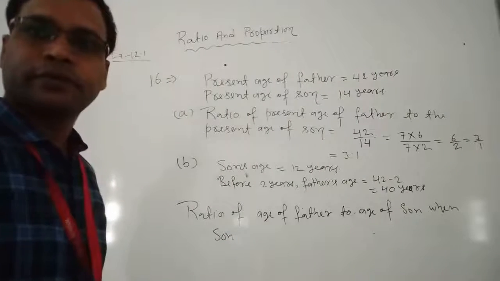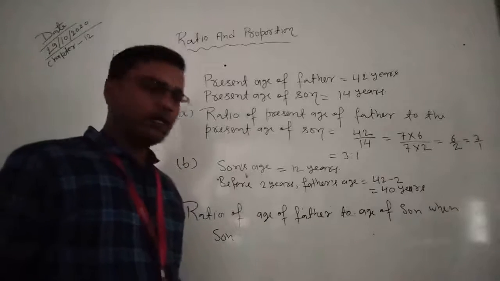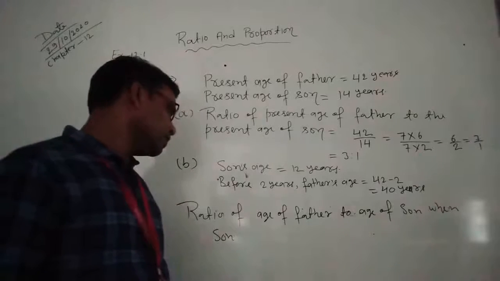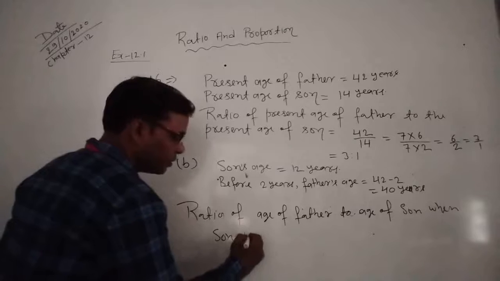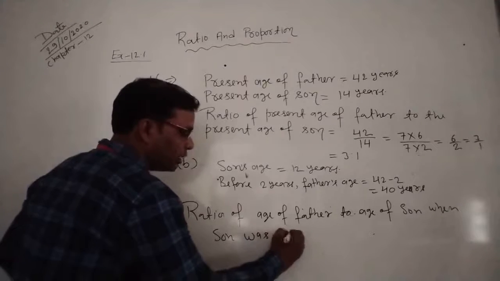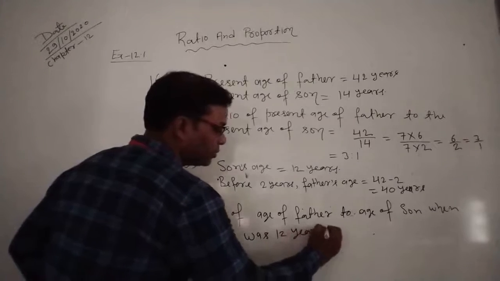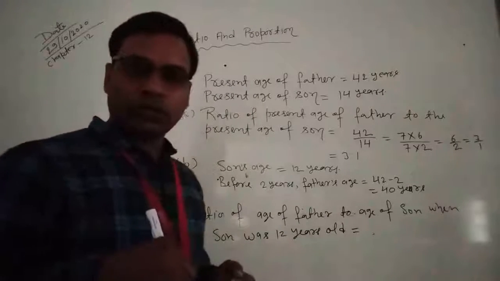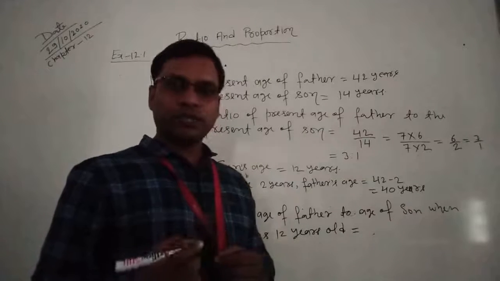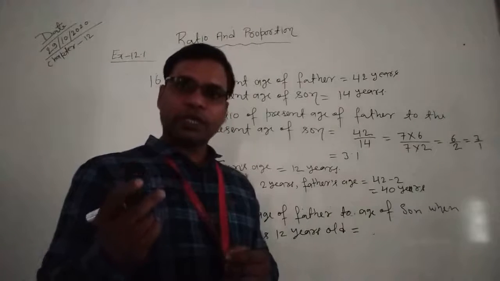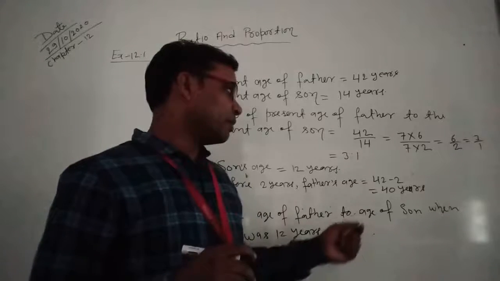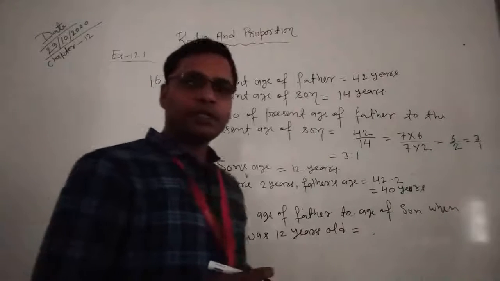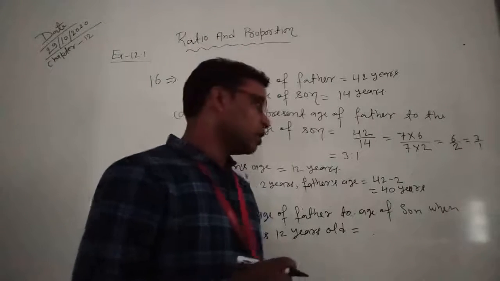It means that we decrease 2 years from father's age, so we obtain 40 years. So father's age before 2 years is 40 years.